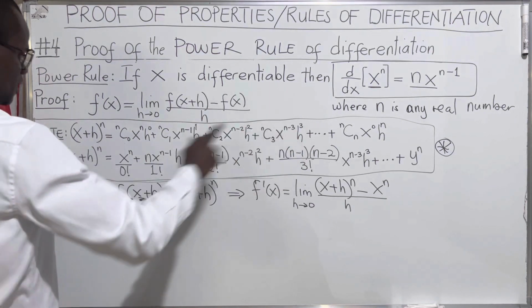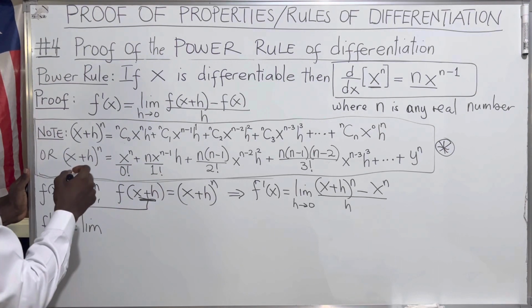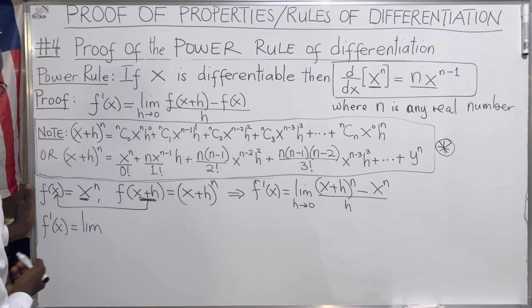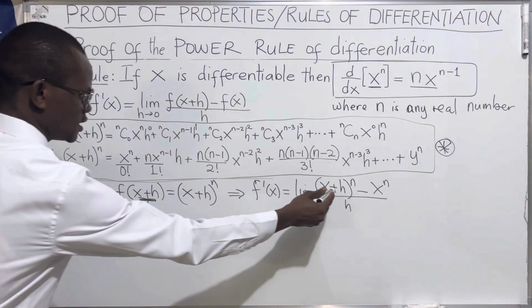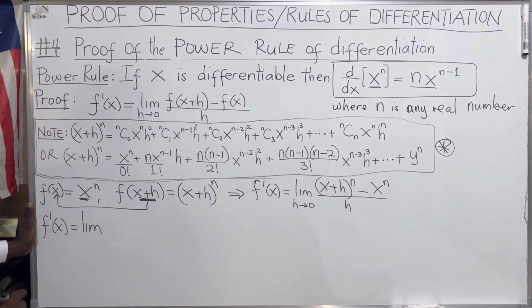We can use either this expansion or this expansion. Both of them represent the binomial expansion in different forms. So let's take the second one, for instance. This expression is now replaced with this binomial expansion.